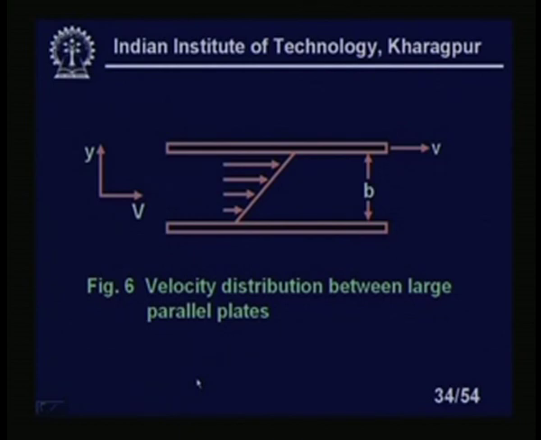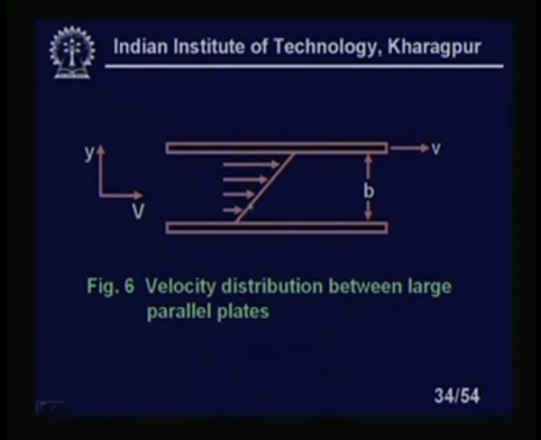Now, velocity distribution between large parallel plates: we are showing what the velocity distribution is. Suppose these two parallel plates are there and the plates are stationary. Now, suddenly suppose this plate starts to move in this direction. Then what will happen? The liquid in contact with this one will be moving at a faster speed, and the liquid in contact with the stationary plate will have no velocity.